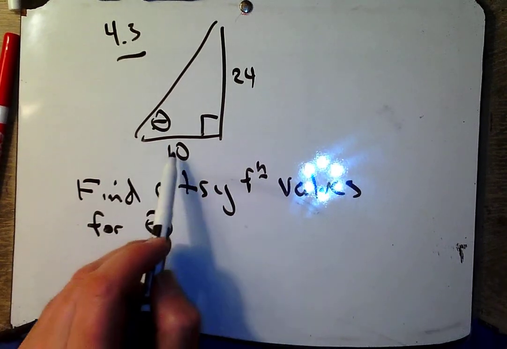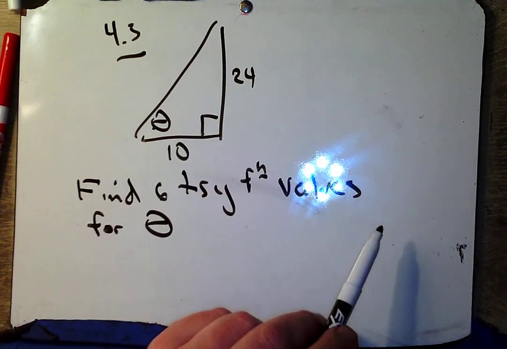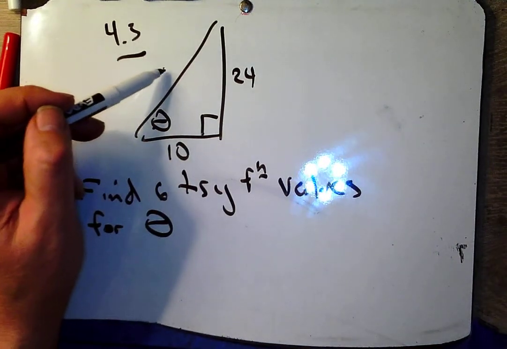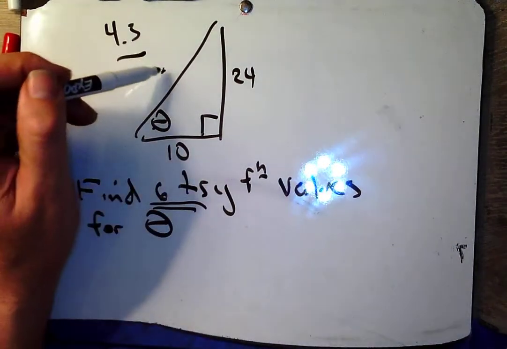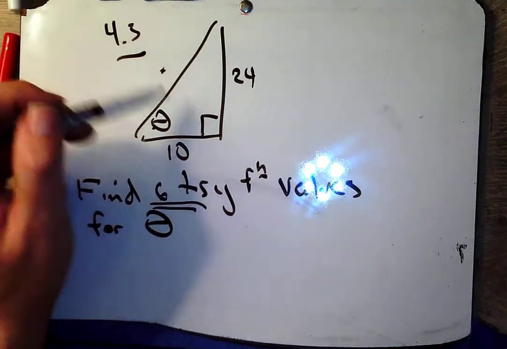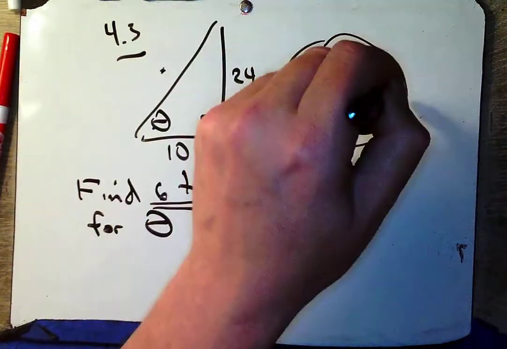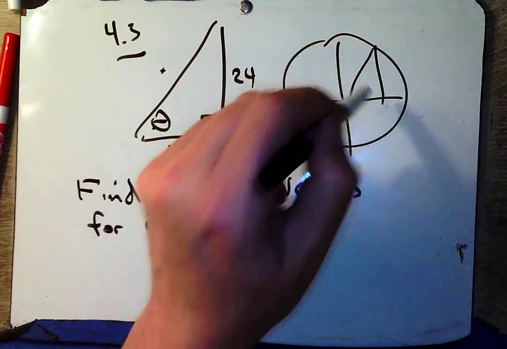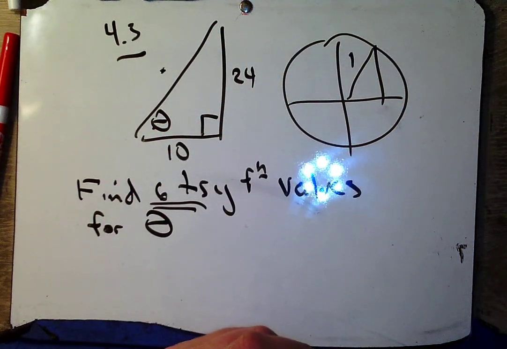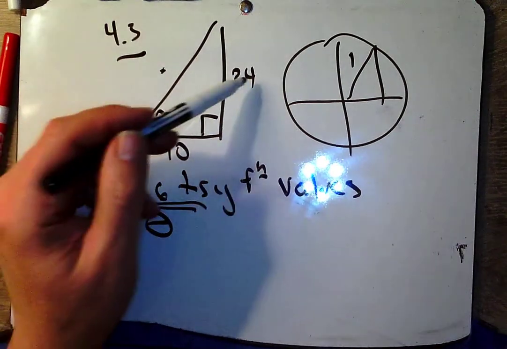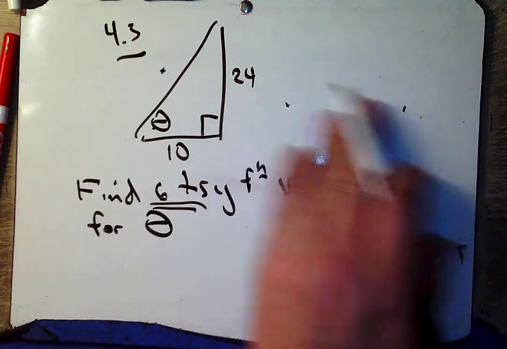Now, here I've got 10, 24, and if I'm going to find all 6, I'm going to need to know this hypotenuse. And it's pretty clear that I'm not on the unit circle anymore, because remember, on the unit circle, when I draw that triangle, the hypotenuse is always 1. Well, these things are way bigger than 1, so I can't be on the unit circle anymore.